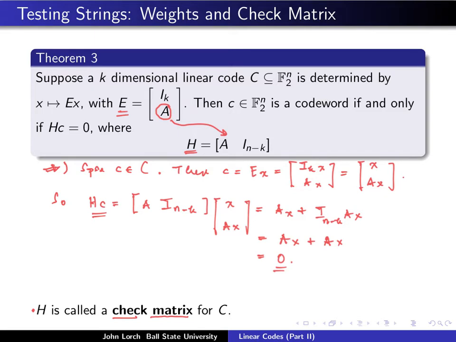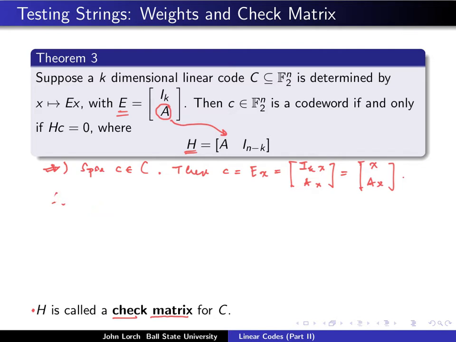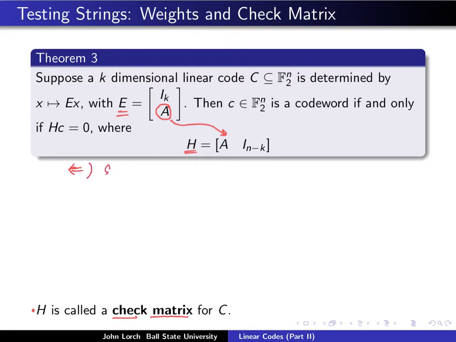All right, very well. So now let's go the other direction. We're going to prove now that if we have a string and its product with H is equal to 0, then that string must have been a code word to begin with. So suppose H times C equals 0.